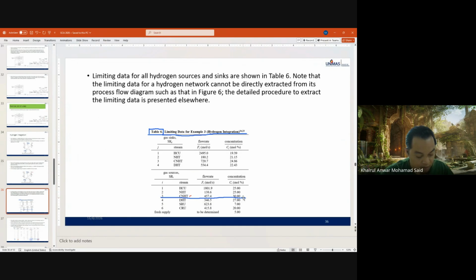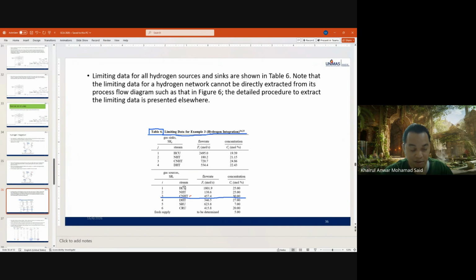We have how many? Four. HCU, we have NHT, CNHT, and DHT. The sources, besides the fresh supply, you have CRU and SRU.